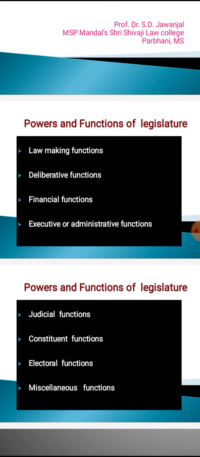The legislature also has the power to amend the constitution. So, regarding lawmaking functions, in short, the legislature makes new laws, amends old laws, and removes or changes old and unnecessary laws.